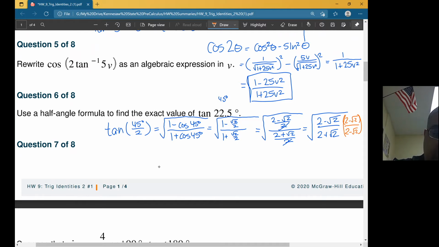Okay, so we end up here with the big square root of 2 minus root 2 squared, this is 4 minus 2 root 2 minus 2 root 2 plus 2, over 4 minus 2.